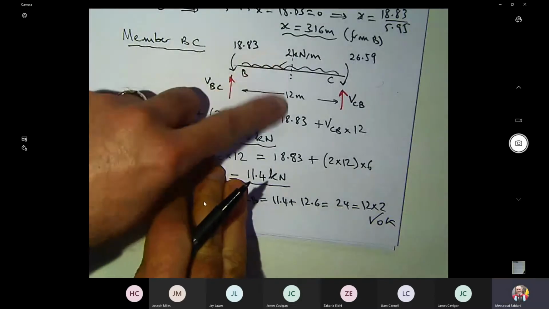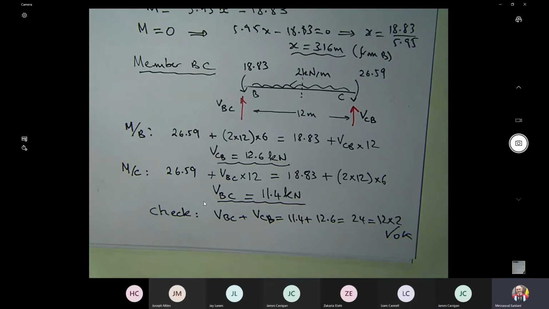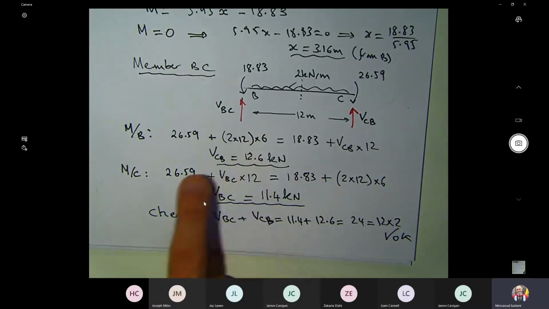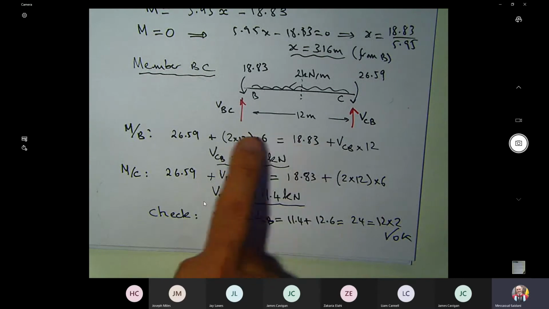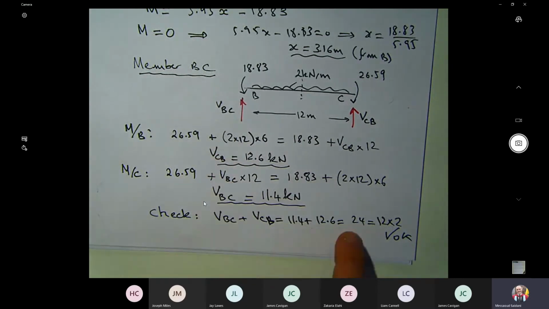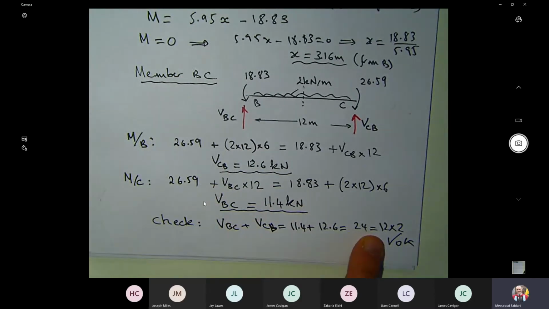So therefore, we are 100% confident that the reactions are correct. It's very easy to make mistakes. I keep saying this: if you make an error in the signs or whatever, you get wrong values. If you don't take two moment equations and then check like that, there is no way you know when you have gone wrong. Any questions?